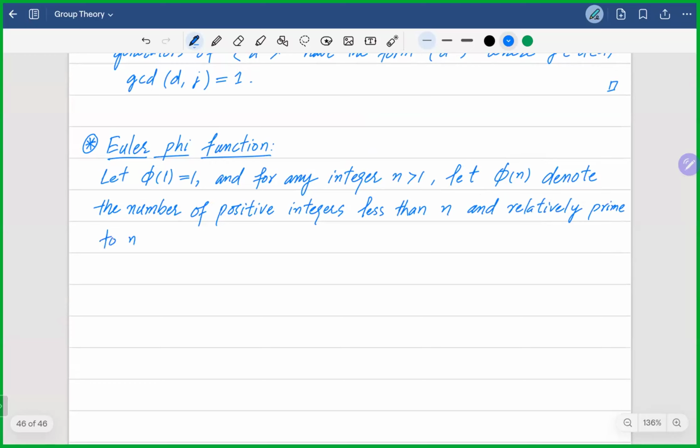In other sense, all those elements which have GCD with n equal to 1.